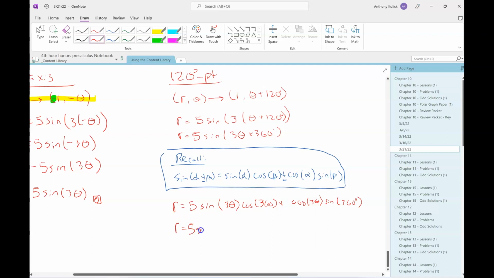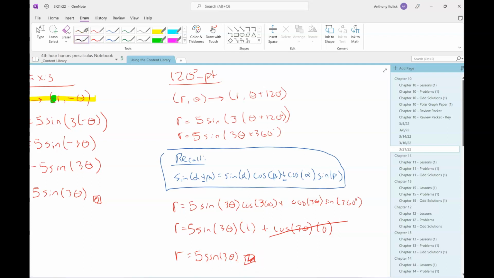All right. And what's sine 360? 0. So that stuff drops off. And what are we left with? Exactly what we started with, the original equation. Woohoo! We did it!